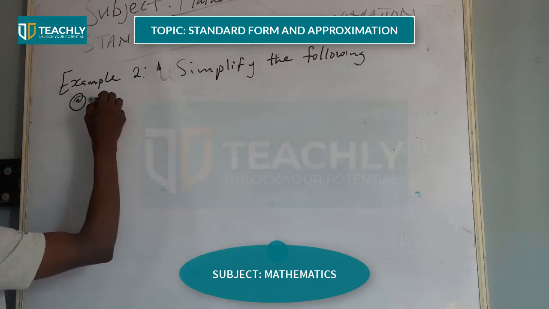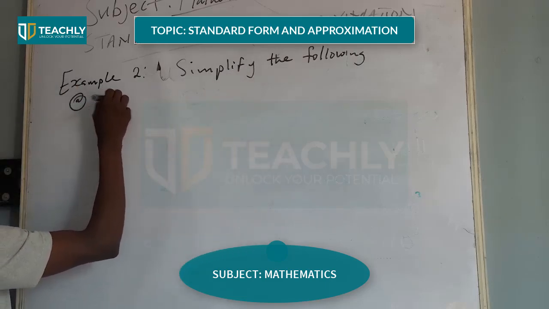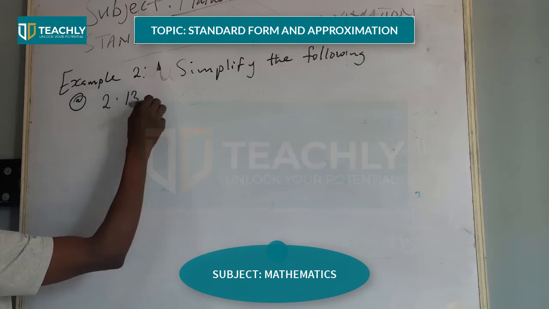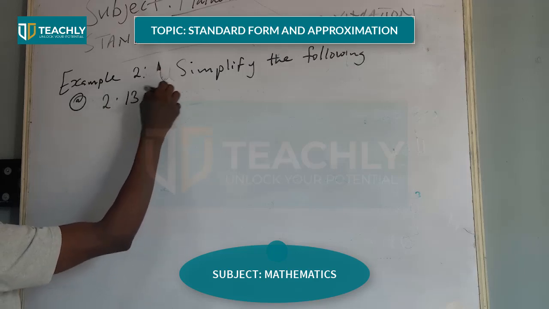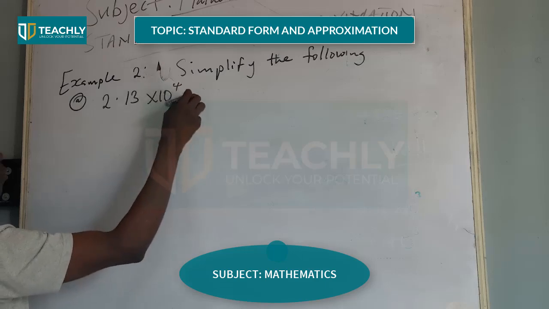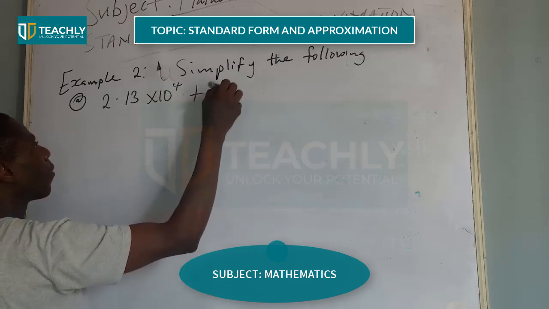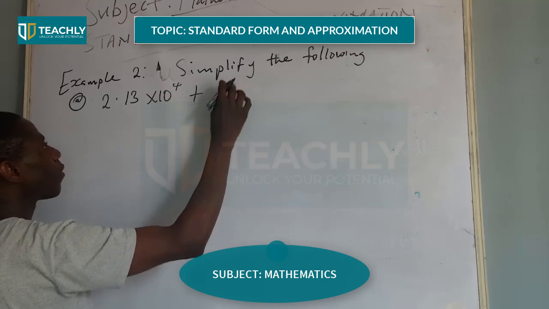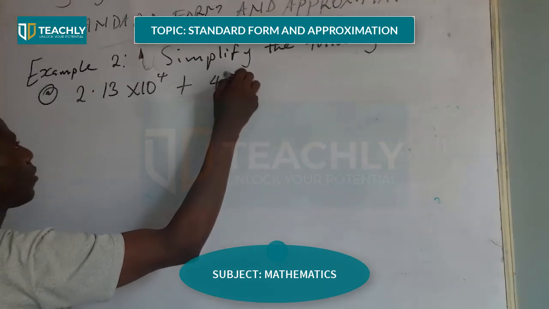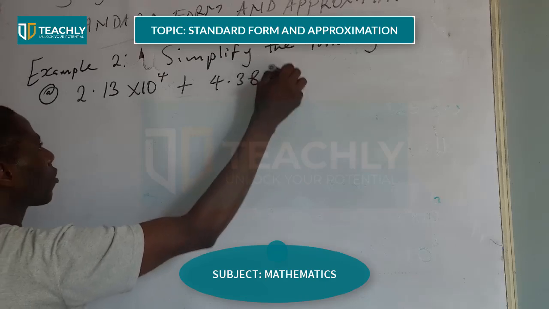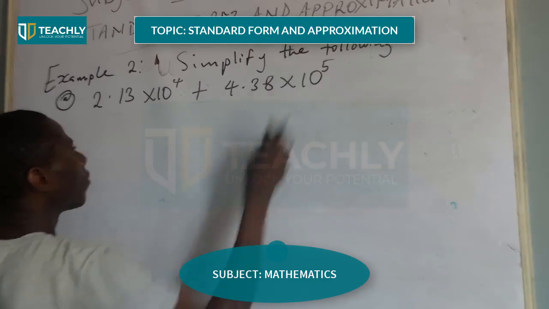A, we have 2.13 times 10 to the power 4 plus 4.38 times 10 to the power 5.